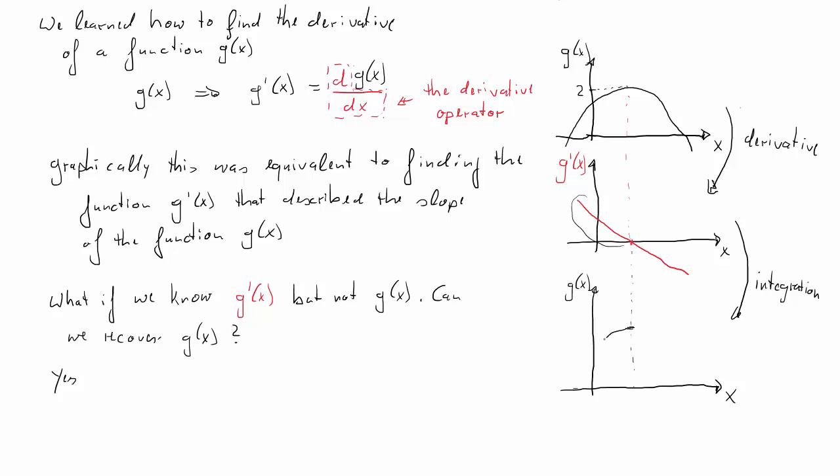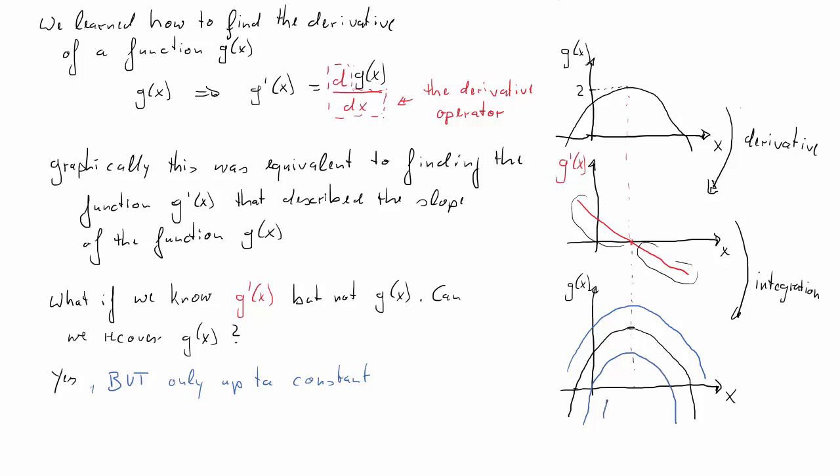So we know that the derivative is 0, hence there's a maximum. To the left we have positive slopes, to the right we have negative slopes. So we can sketch it something like this. And that looks very much like the function we have. But we need to notice now that we can determine this function in the lowest panel only up to a constant, because this blue function has the same derivative function g prime of x, and this function as well, and this function as well.